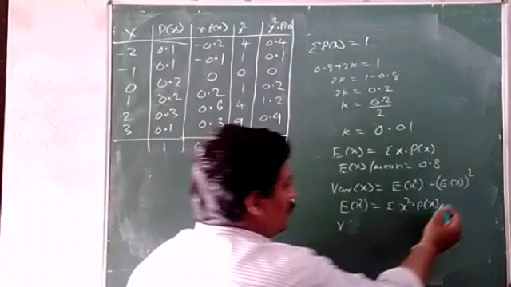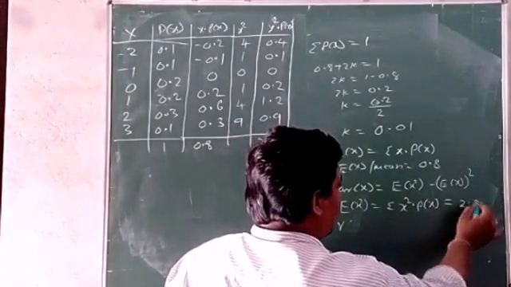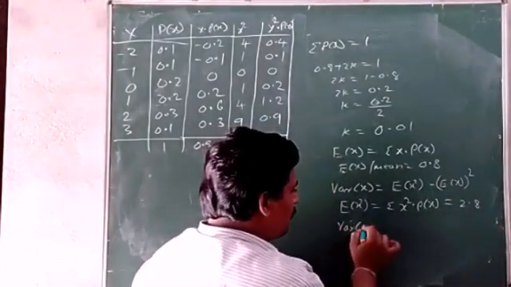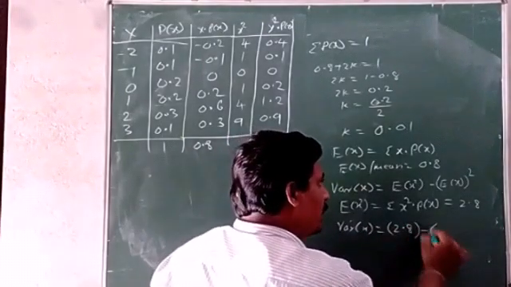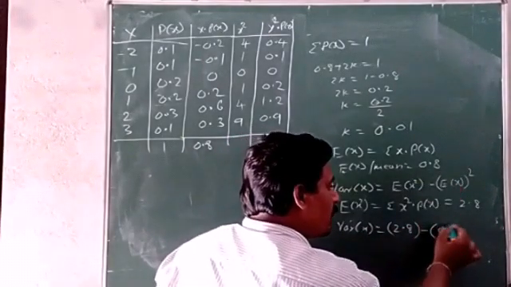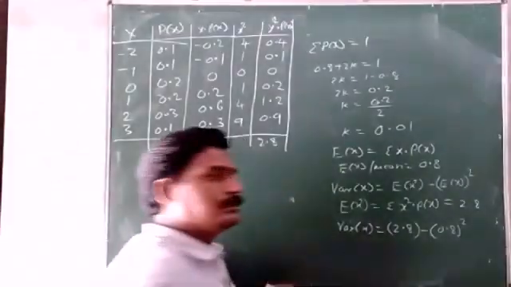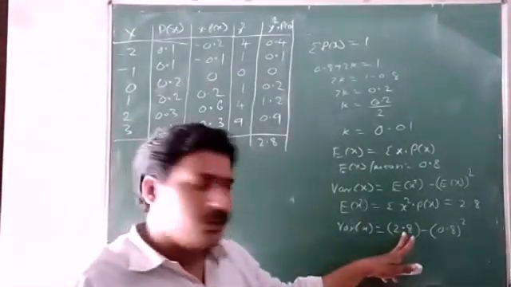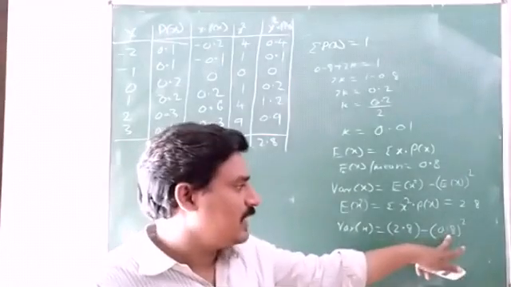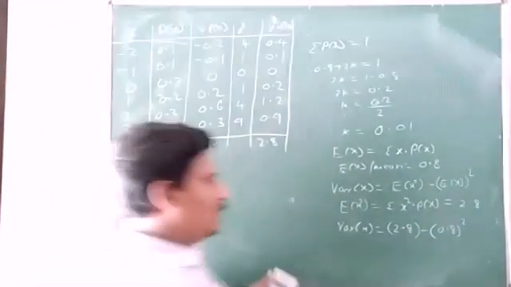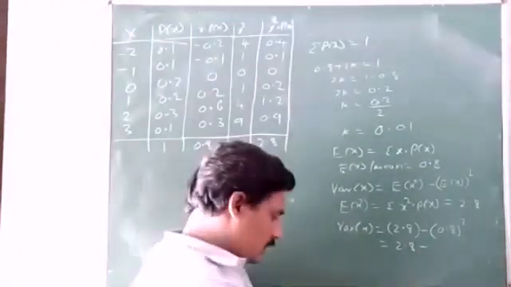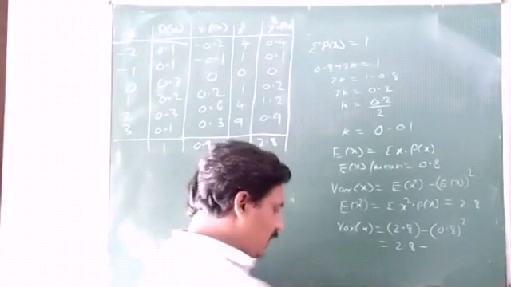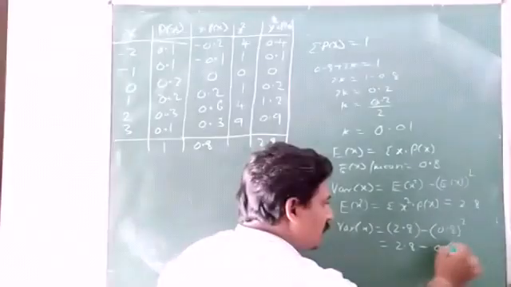So now variance of x. So here this is 2.8 now. Variance of x is equal to 2.8 minus 0.8 square. So E of x square is 2.8. E of x is 0.8. We have to square it. So variance of x is equal to 2.8 minus 0.8 square, that is 0.64.